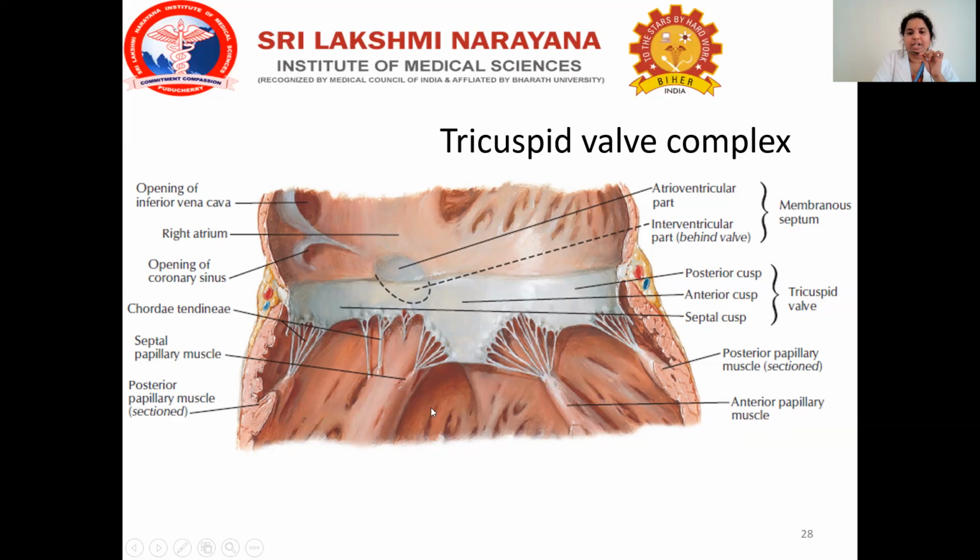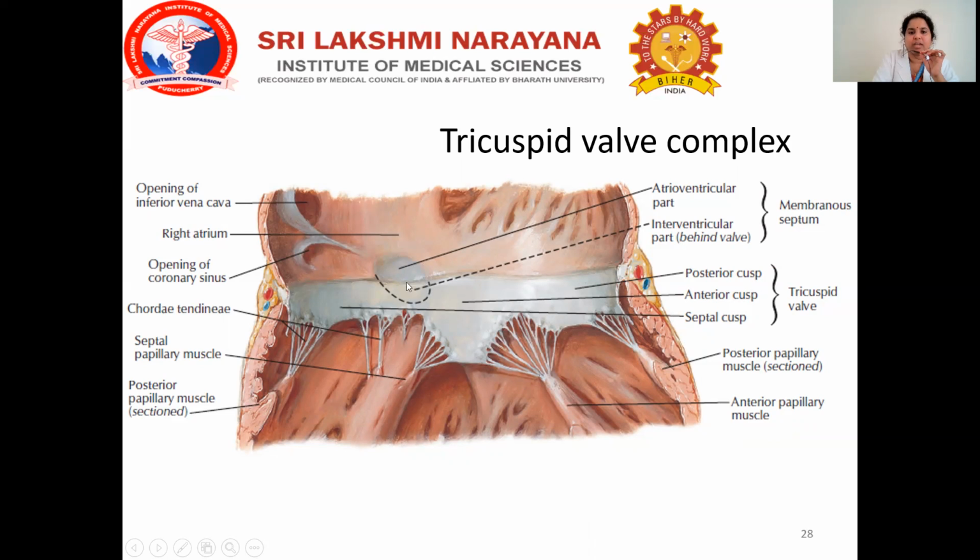So this is the interventricular septum, which separates the right ventricle and the left ventricle. The interventricular septum has two portions. The majority is formed by the muscular portion, and the upper one-third is formed by the membranous portion. This membranous portion partly extends above the attachment of the leaflets.